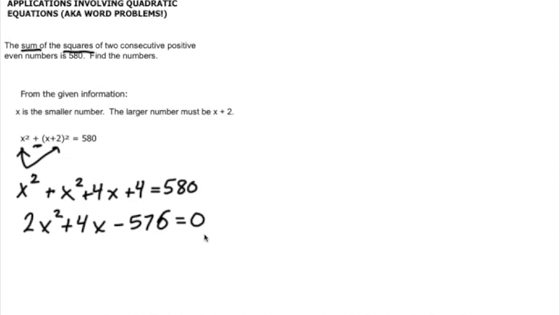Why did I set it equal to 0? Because remember, in order to solve a quadratic equation, I want to set my values equal to 0. Then I can go ahead and factor these values.